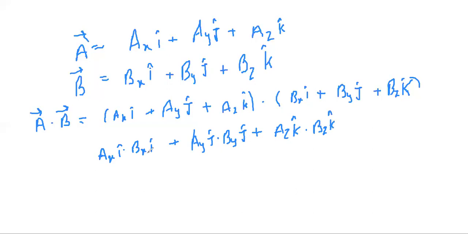Now I dot I is 1, so you get AX BX. And similarly, you will get AY BY, because J dot J is 1, and plus AZ BZ. So this can be one more formula of A dot B when you don't have the angle given.